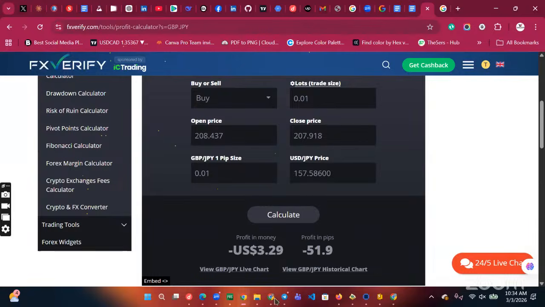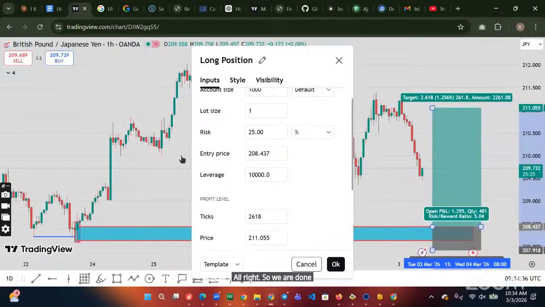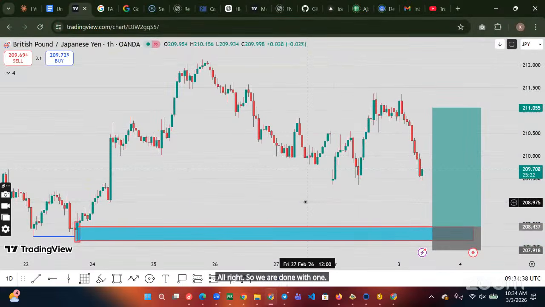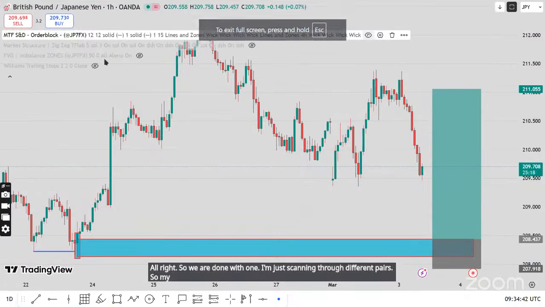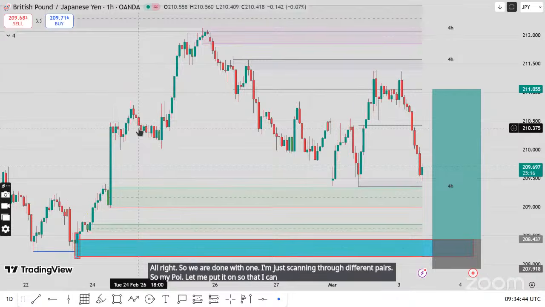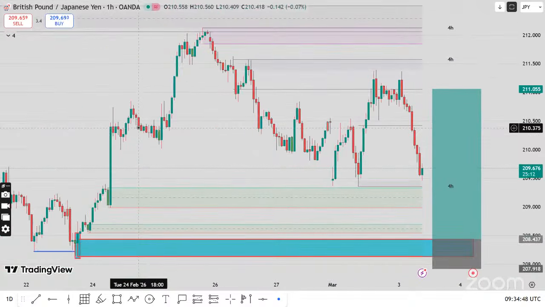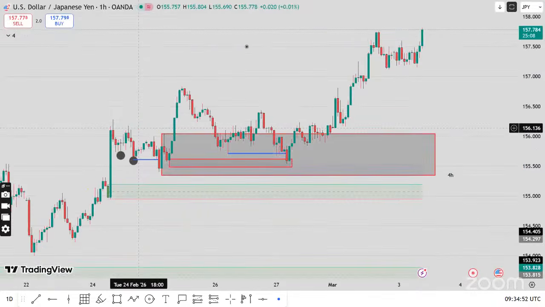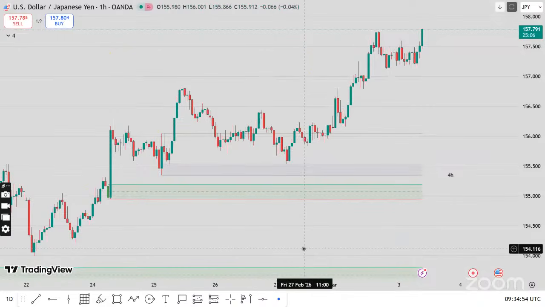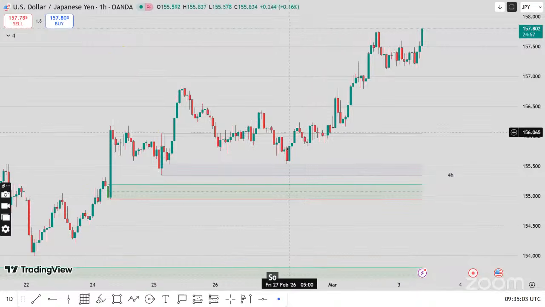All right, so we are done with one. I'm just scanning through different pairs. So my POI, let me put it on so that I can see what is happening. These ones are already mitigated.